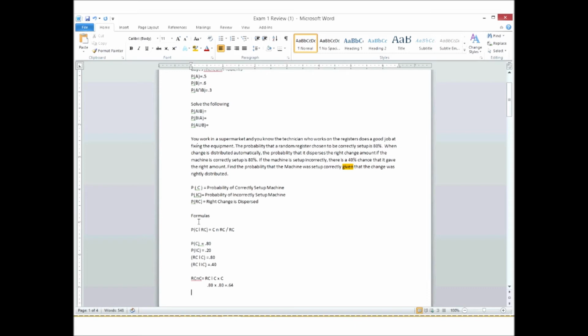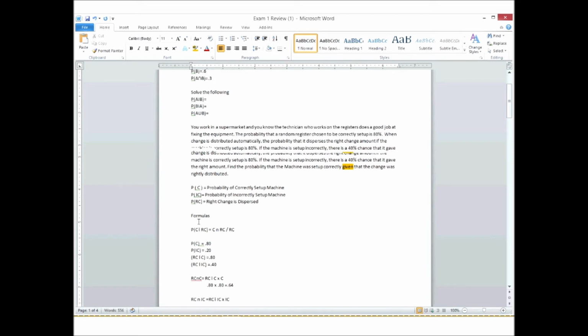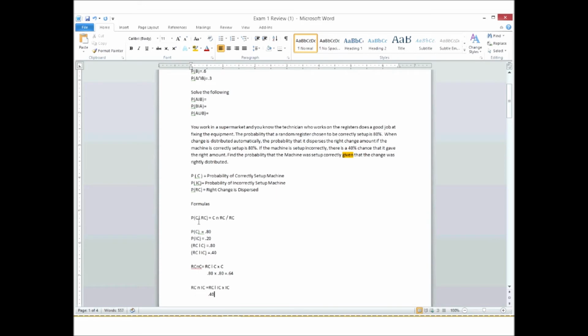Then we need to go down and find RC and IC, which is RC given IC multiplied by IC. Once again, we have that information: RC given IC and IC, which will give you 0.08. Now, you need to realize, what do these both have in common?